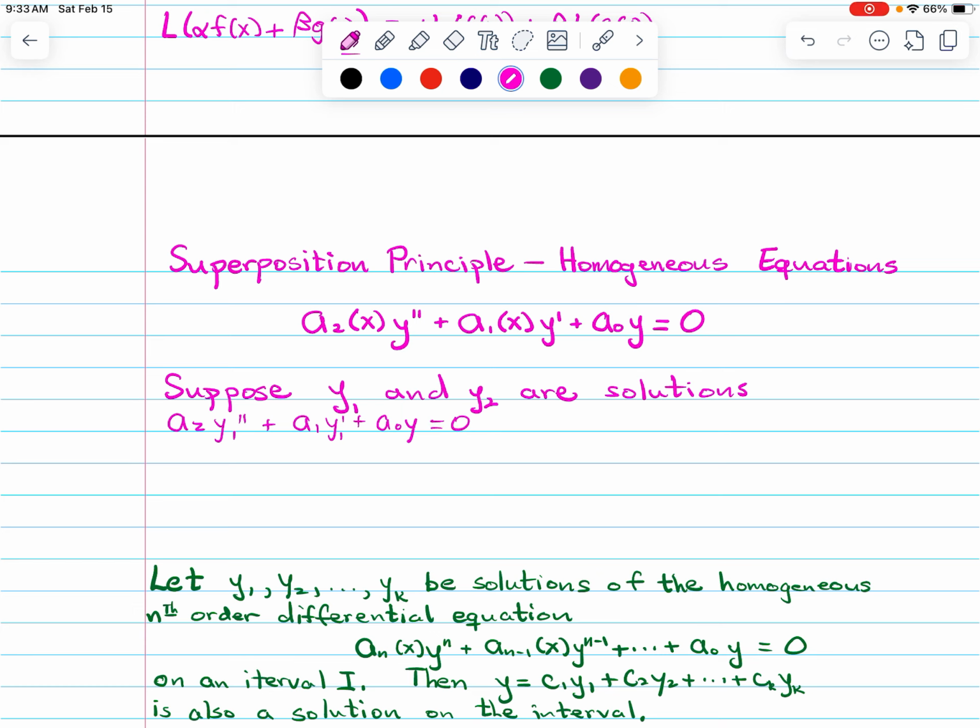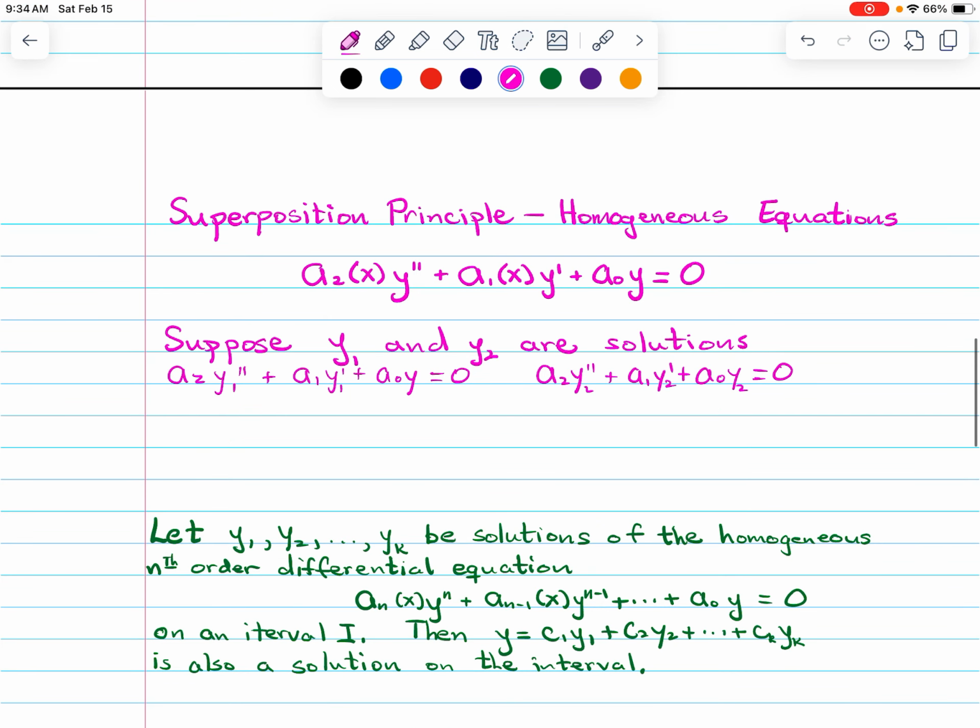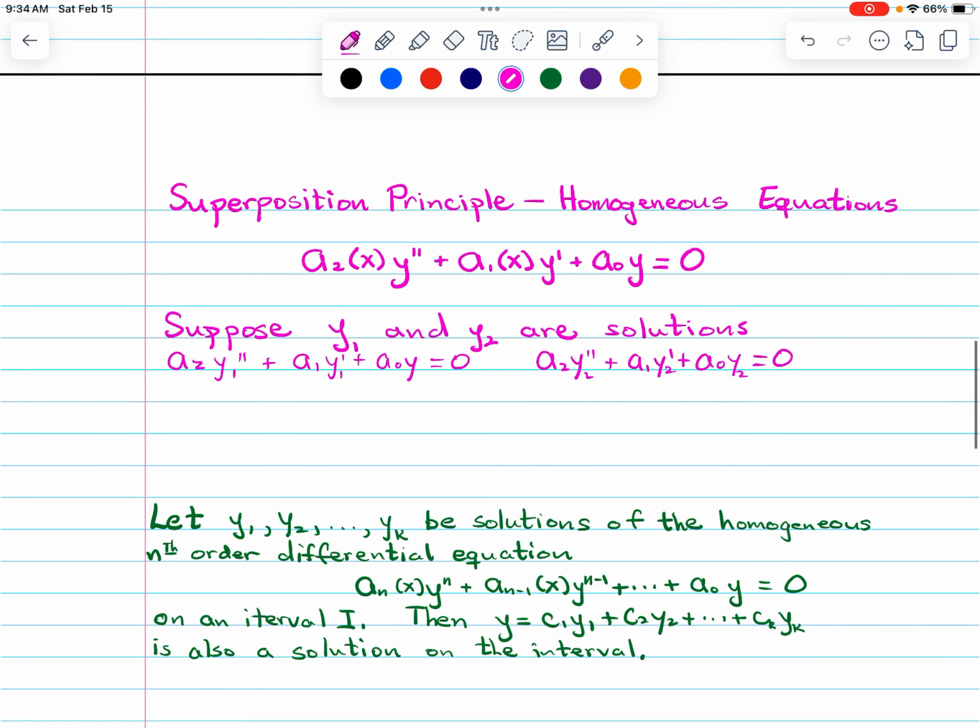We know that equals 0. That's given to us. We're told that it's a solution. Now, we also know that y2 is a solution, so that tells us that a2 y2 double prime plus a1 y2 prime plus a naught y2 equals 0. So both of those equal 0. We know this to be the case because we're given that.